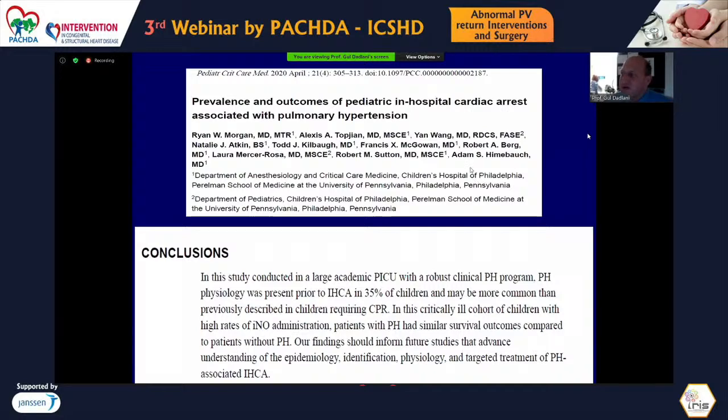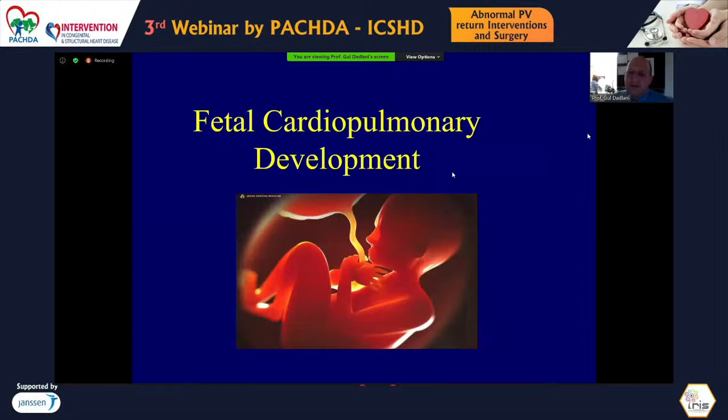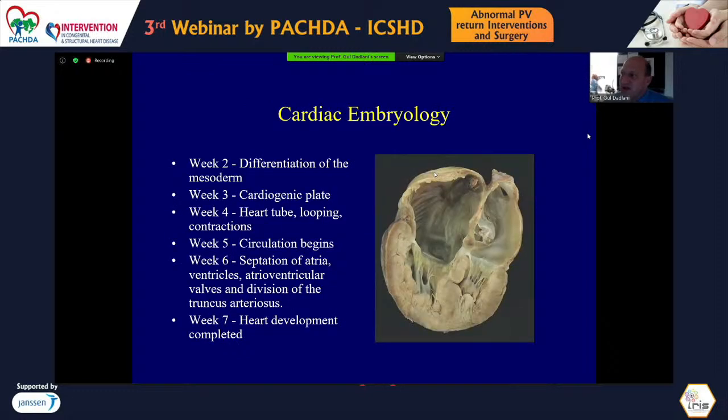So I think in order to really understand pulmonary hypertension well, we have to understand the embryology and the development of our heart and our lungs in collaboration together. So we know that our heart is fully formed by the 8th week of gestation, and our heart tube grows separate from the lungs.